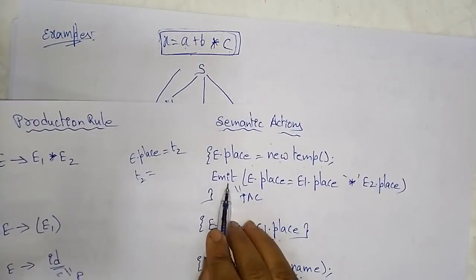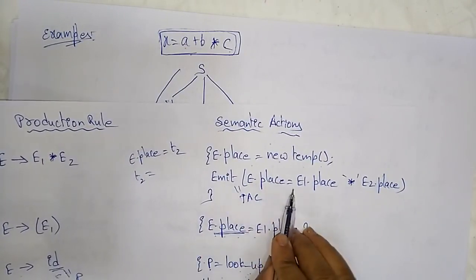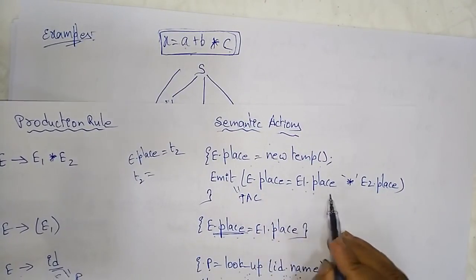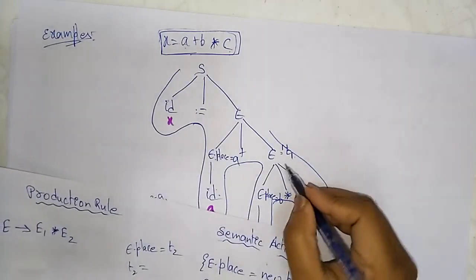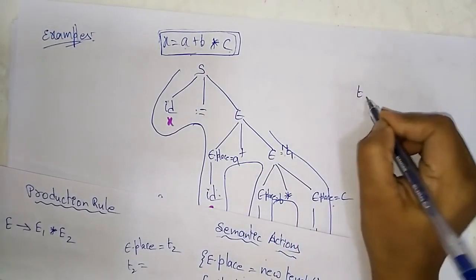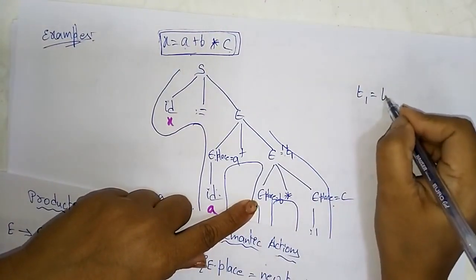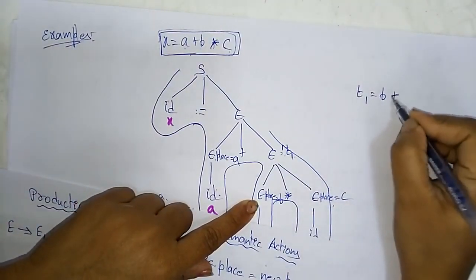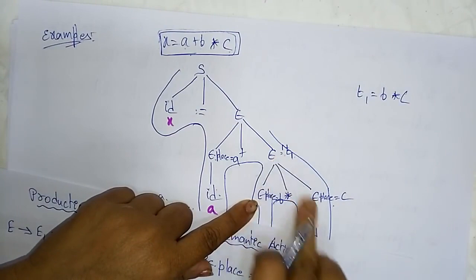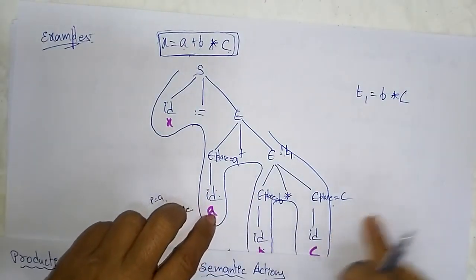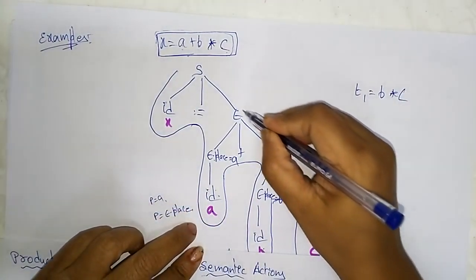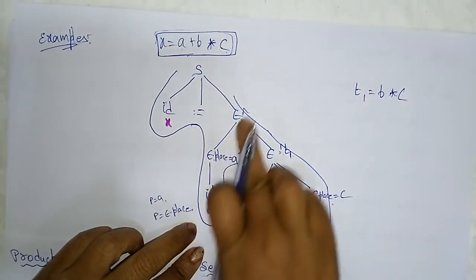So emit E.place = E1.place * E2.place. T1 consists of E1.place b and E2.place c, so T1 consists of b * c.